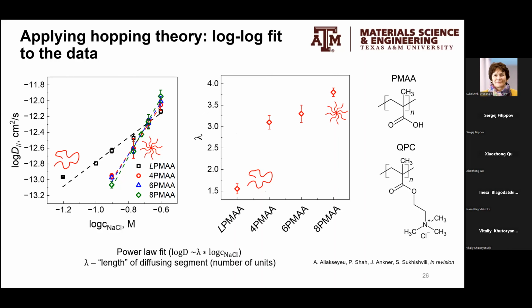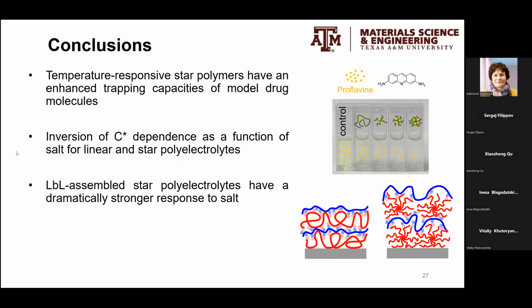So this brings me, probably a little earlier, to the end of my talk. I talked about three different topics. Our major conclusions are, first, that the temperature-responsive star polymers have enhanced trapping capacity of model drugs. Second, we find a very interesting inversion of the C-star dependence as a function of salt for linear and star polyelectrolytes.